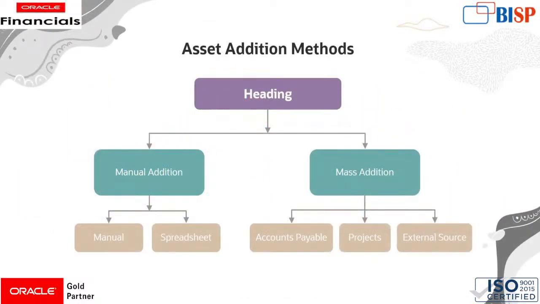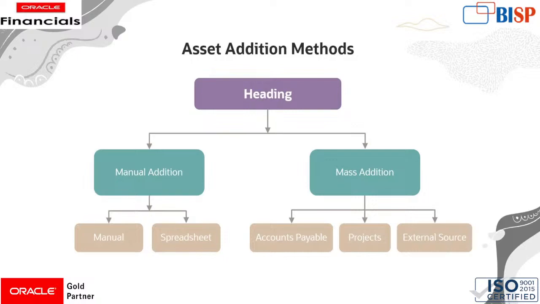At asset addition methods, as you can see, there are two types. One is manual addition. You can manually add the asset in the asset work area, and using the spreadsheet you can enter multiple assets through the ADFdi sheet.